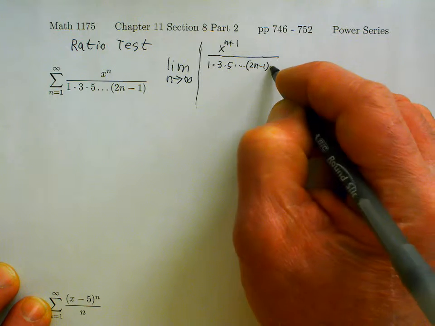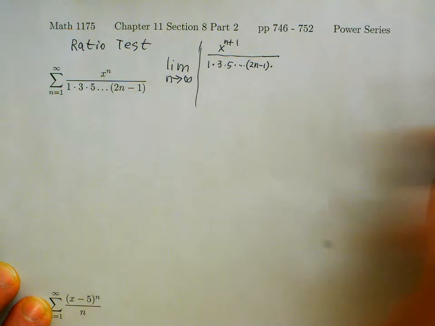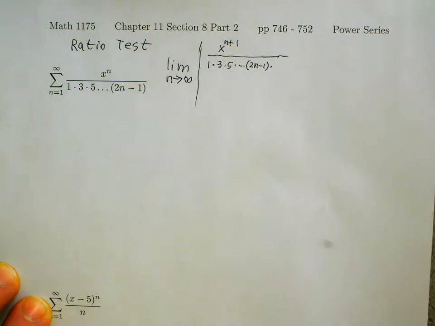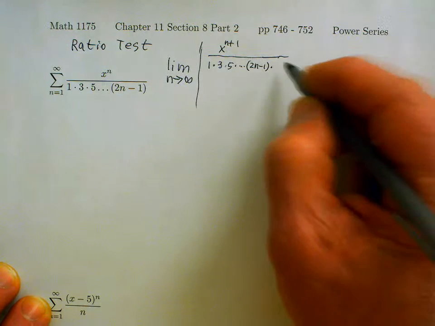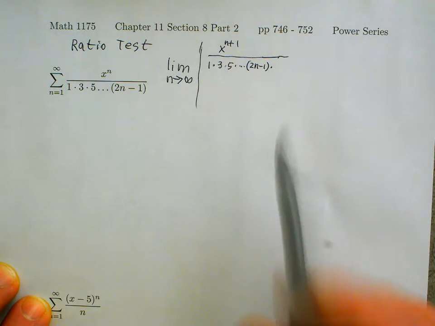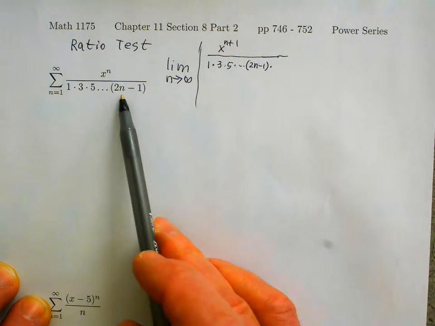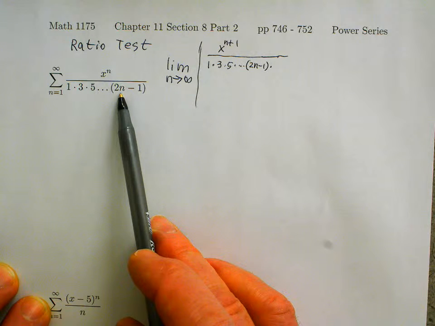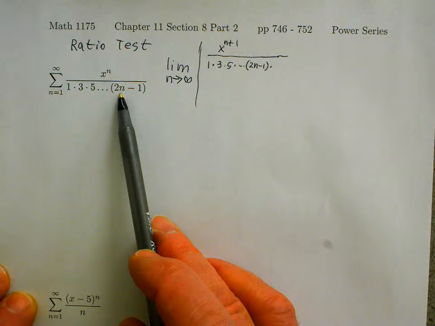What comes after 2n minus 1? 2n. Okay, if down here, if you replace n with n plus 1, you get 2 times n plus 2 minus 1, 2n plus 1.